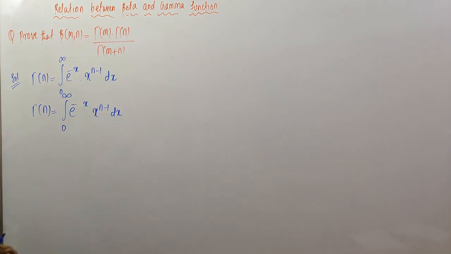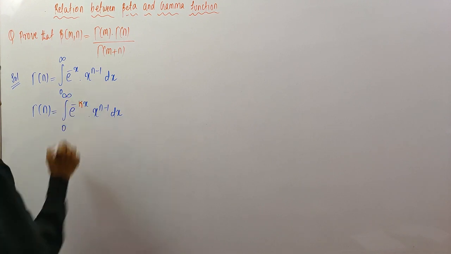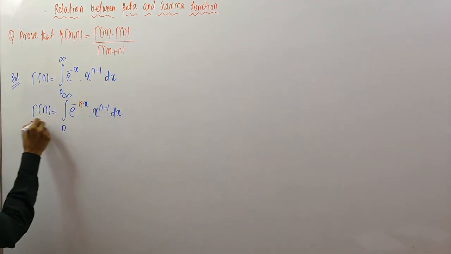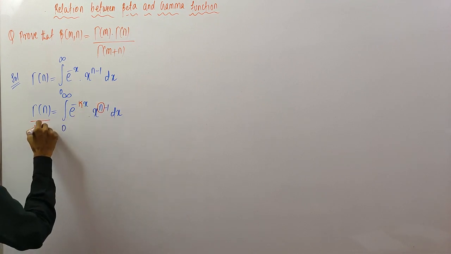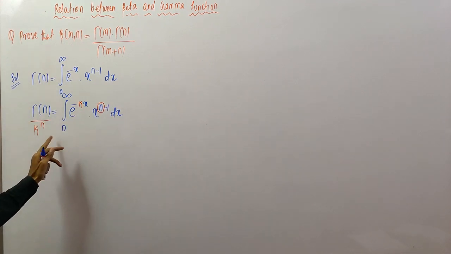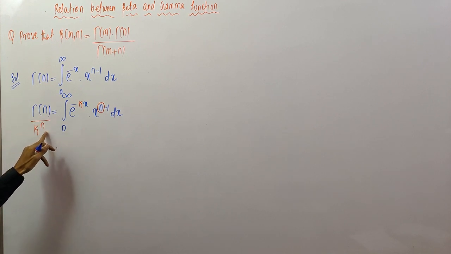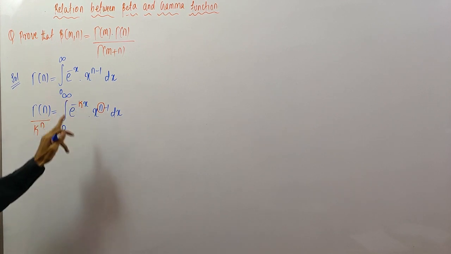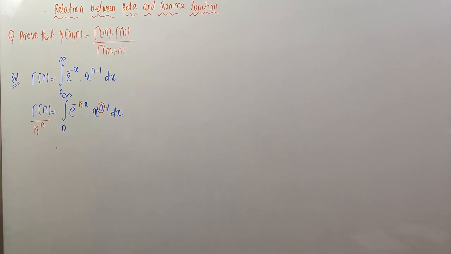If I take the coefficient of x as some variable k, then here we have k power n. We have derived this relation in one of my earlier videos. So watch this video of derivation of gamma of n upon k power of n equal to integration 0 to infinity e power of minus kx into x power of n minus 1 dx.